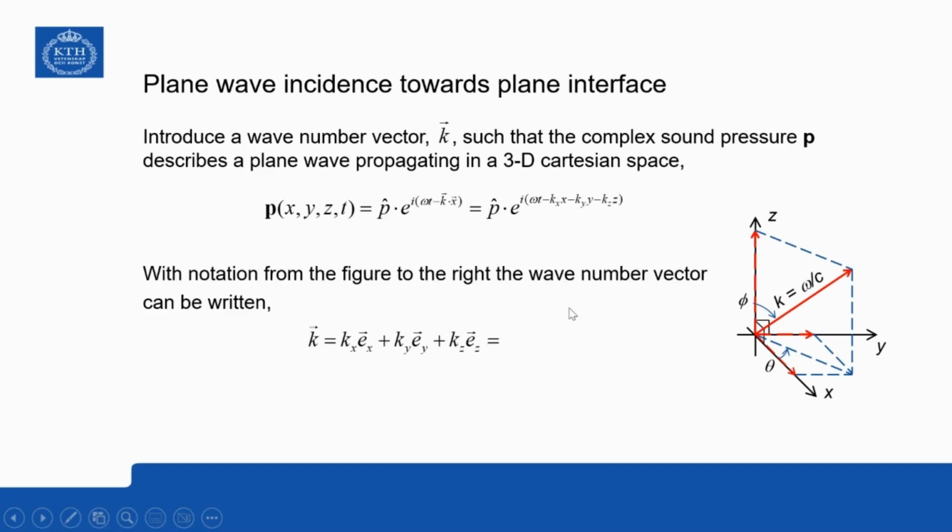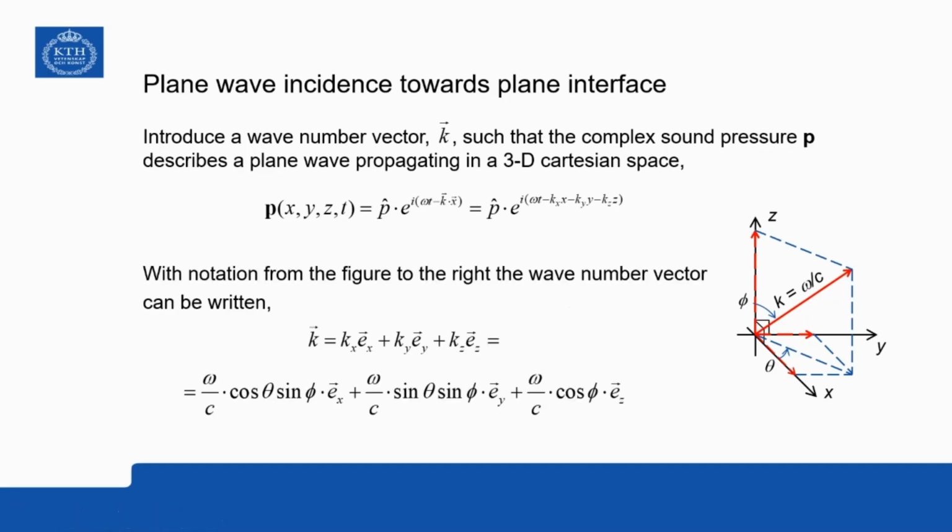So we find this expression for the components of the wave number vector. This is the x component, this is the y component, and this is the z component.